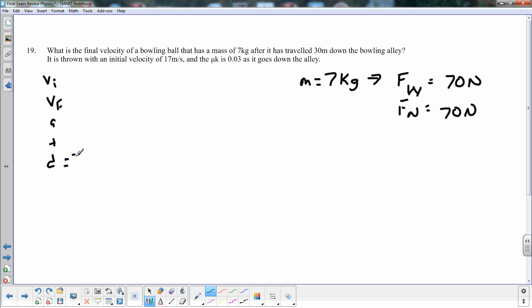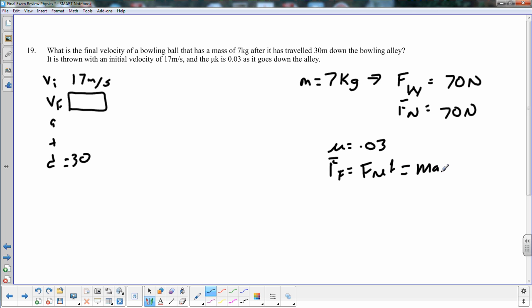The friction is the net force, which equals ma, which we're going to plug over there. Ff is mu times the normal force, which equals 0.03 times 70. So on a good day, frictional force, 0.03 times 70 is 2.1 newtons.